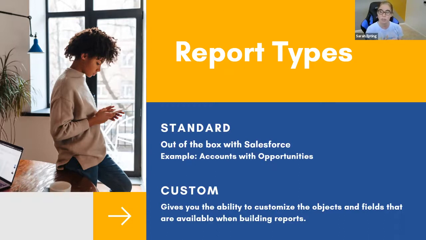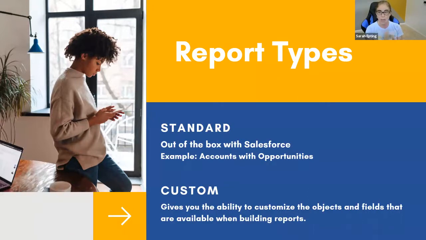So from an opportunity, if you wanted to get some primary campaign source details, if you just did an opportunity report, that's the standard opportunity report that Salesforce gives you, you couldn't drill down into any of the fields that exist in the primary campaign source that lives on that opportunity.